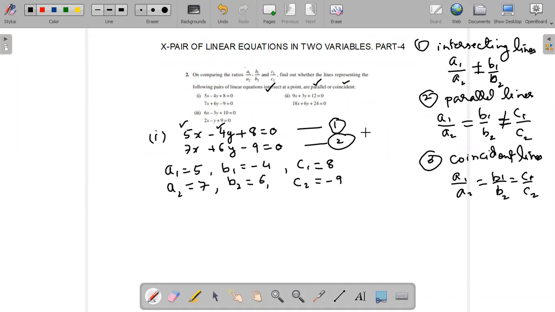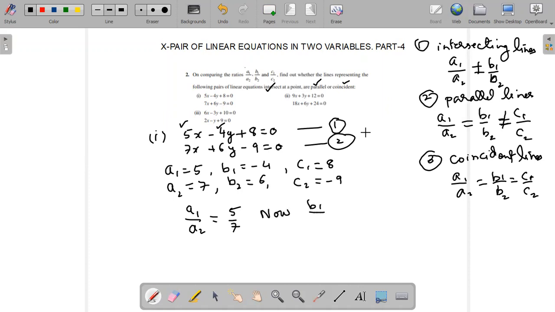Now we have to check which condition should be followed. Find A1 upon A2 first. A1 upon A2 is 5 by 7. Okay. Now find B1 upon B2.